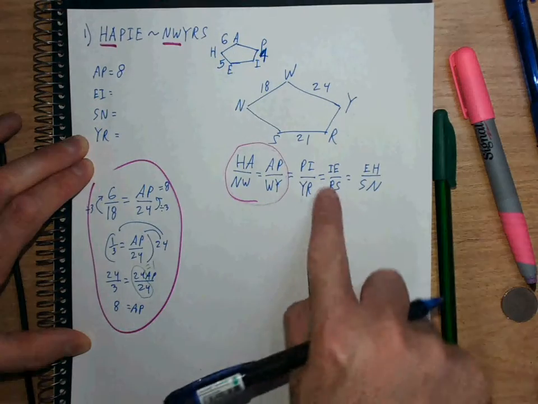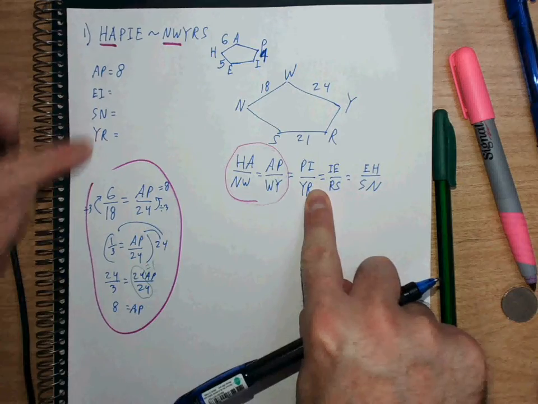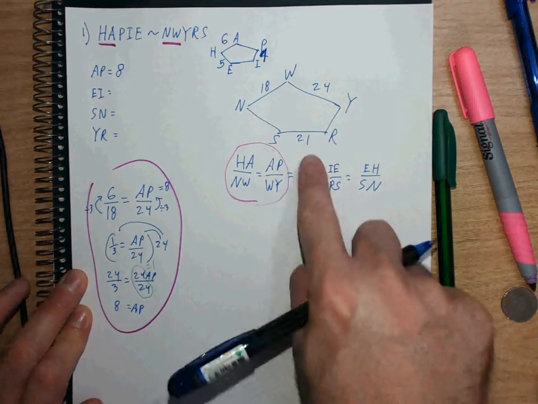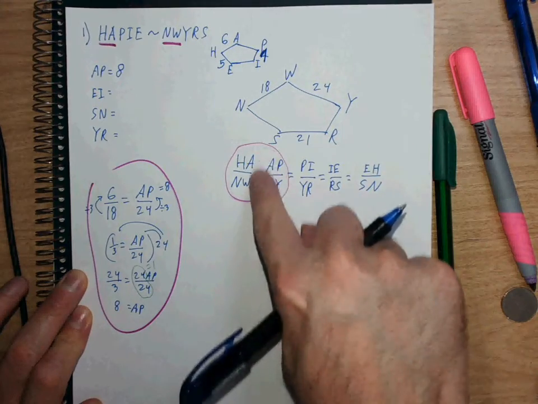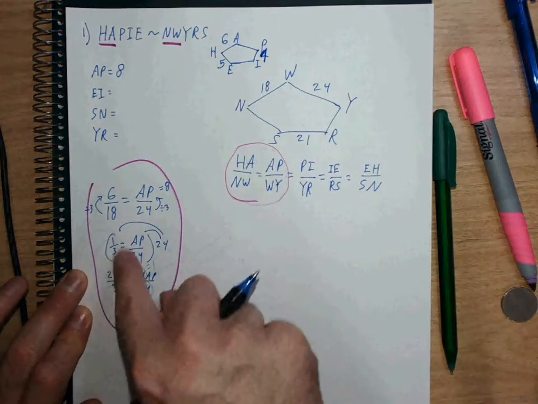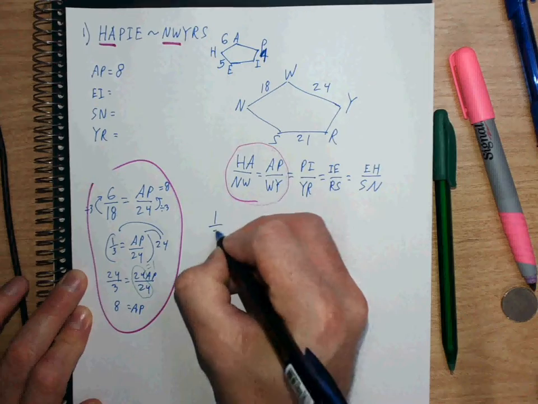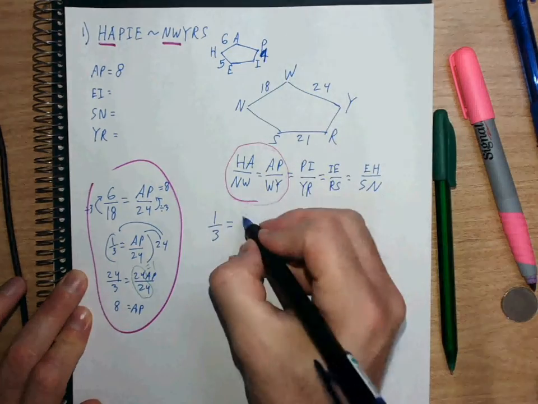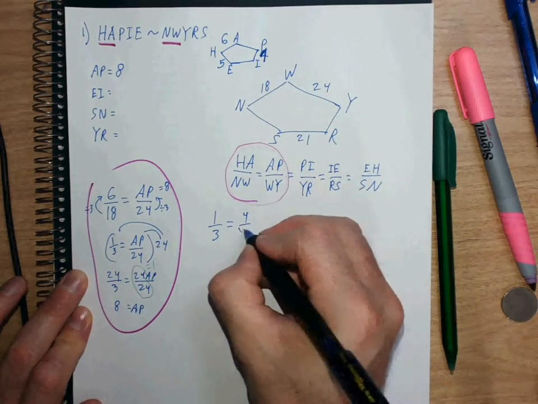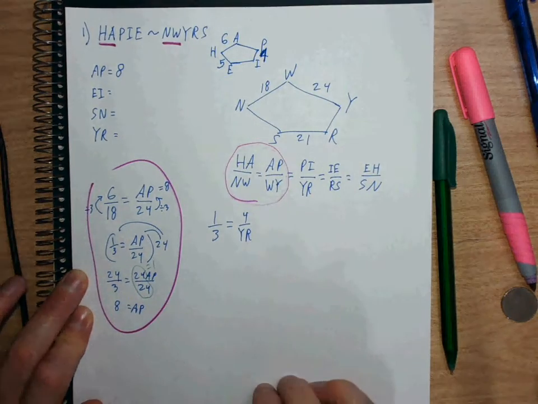Okay. Next, I'm going to do this one. I realize it's not the order of the answers you're going for, but I'm just going to go in order with how I wrote this out. I'm going to keep this first one. I'm going to use 6 over 18, or really just 1 over 3. I'm going to say 1 over 3 equals PI over YR. PI, which is 4, over YR, and I don't know what YR is. That's the variable I'm going for.